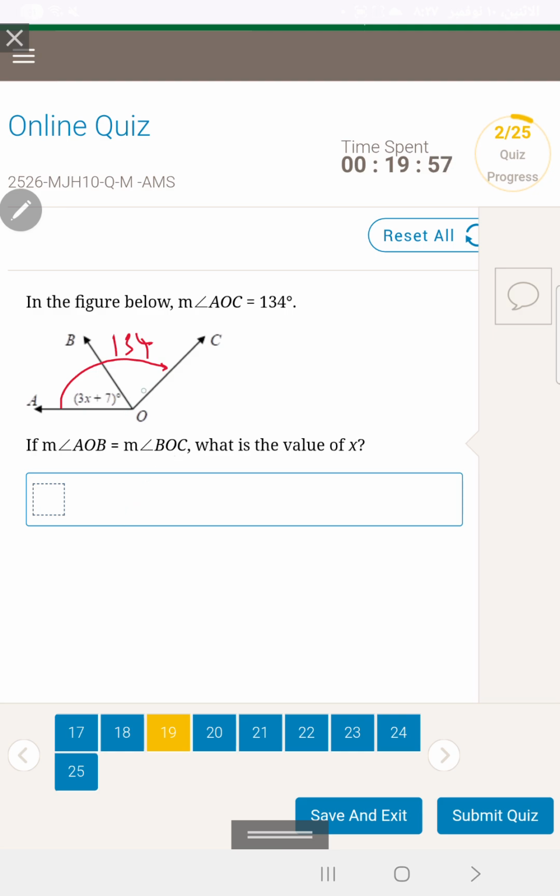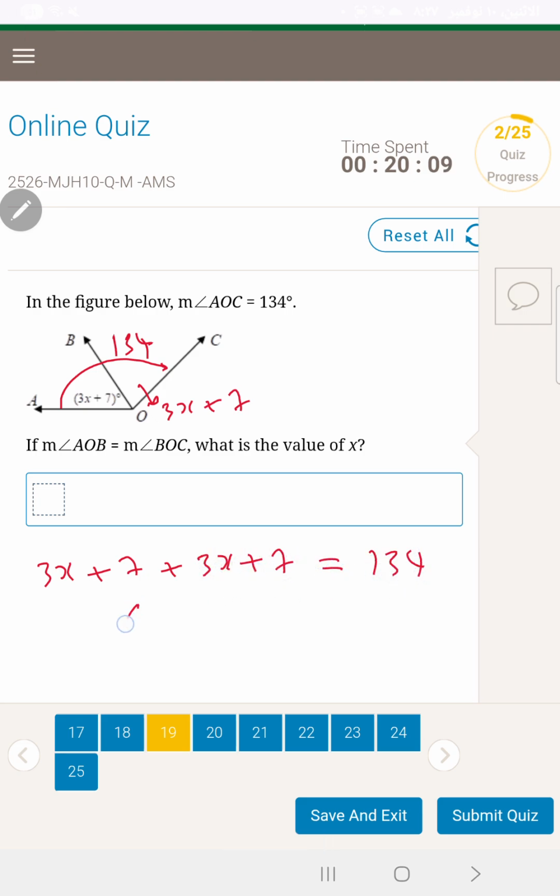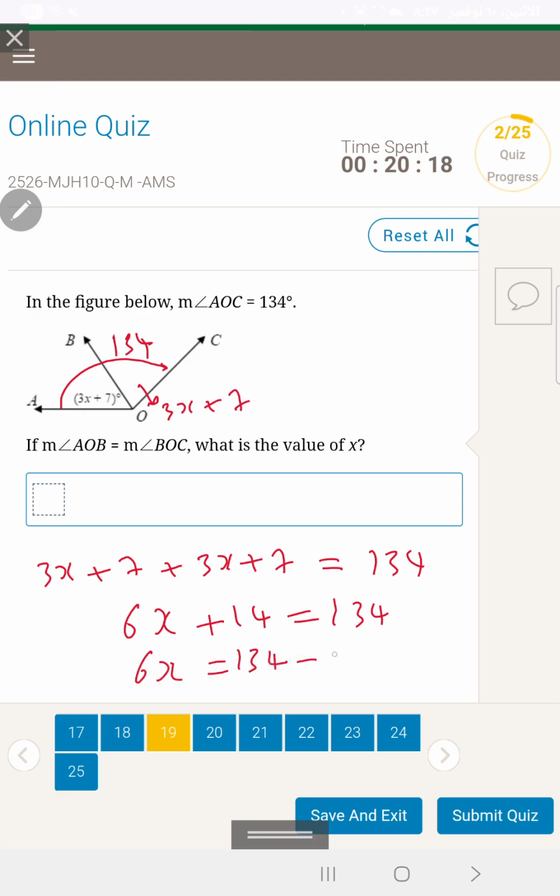BOC means this angle is also 3x plus 7. So now you can say 3x plus 7 plus 3x plus 7 equals 134. 6x plus 14 is 134. Take 14 to the other side. 134 minus 14. Now divide both sides by 6 and get the answer.